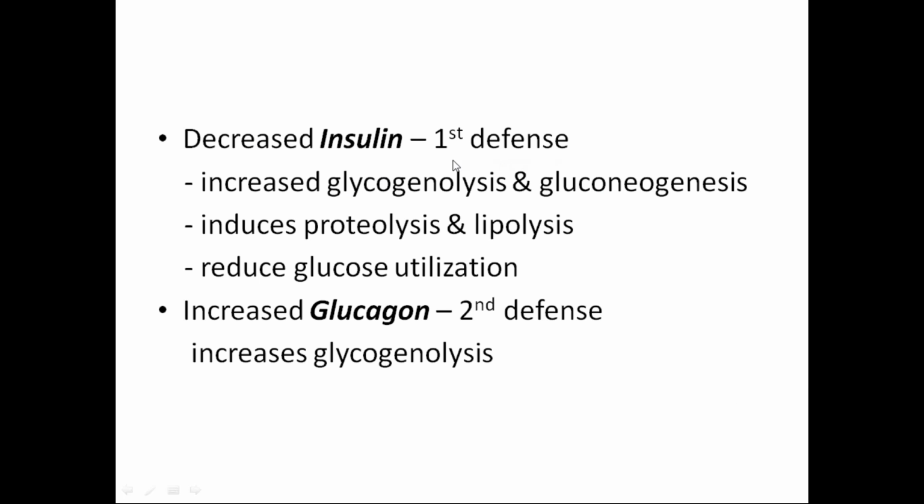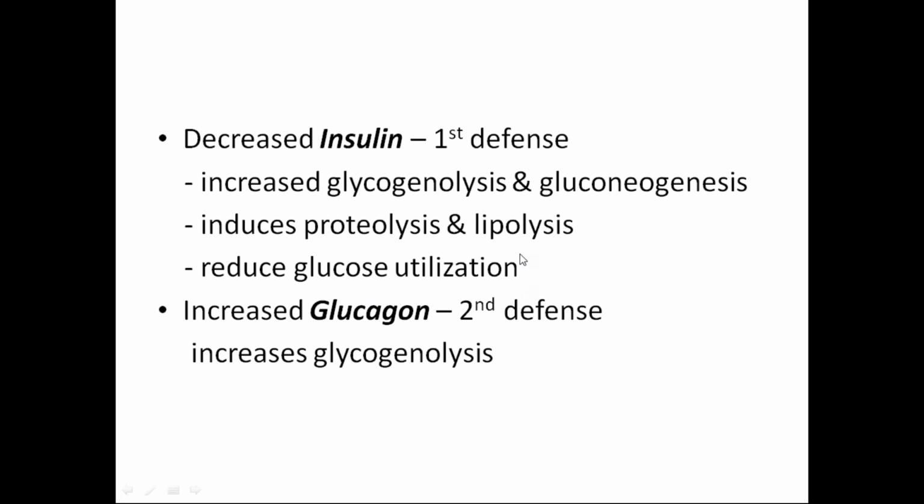We have talked about it as the first defense. Decreased insulin causes increased glycogenolysis and gluconeogenesis. We already know that glycogenolysis and gluconeogenesis increase the glucose levels, and it also induces proteolysis and lipolysis. That means it breaks down the proteins and lipids, and it also reduces glucose utilization.